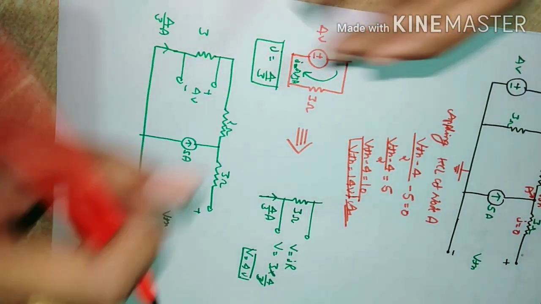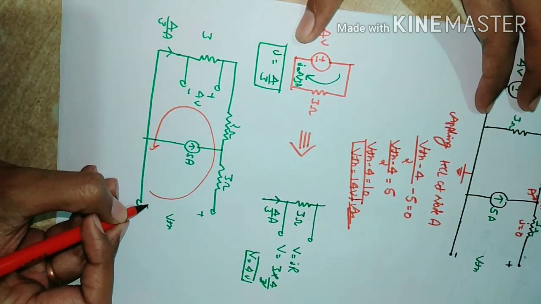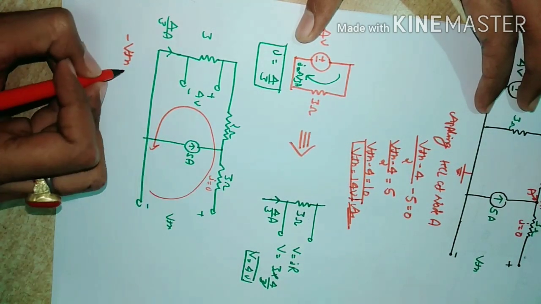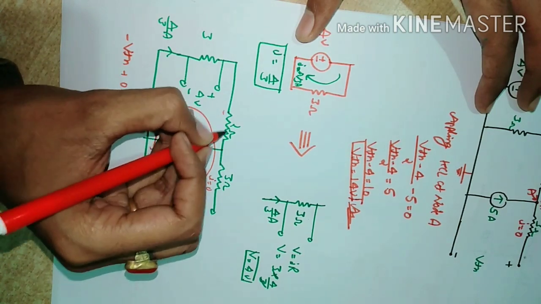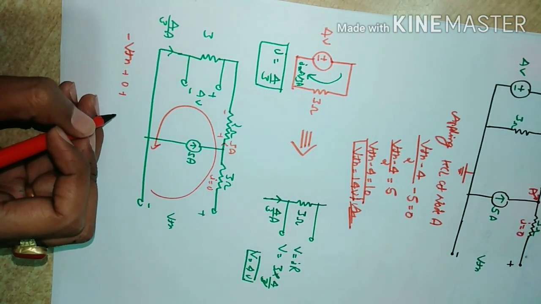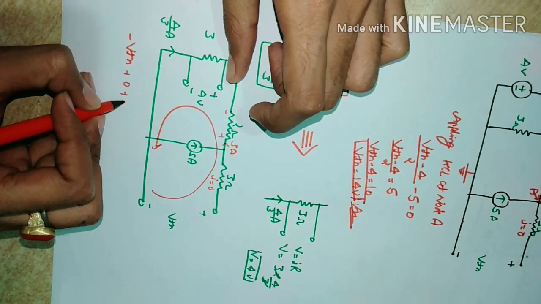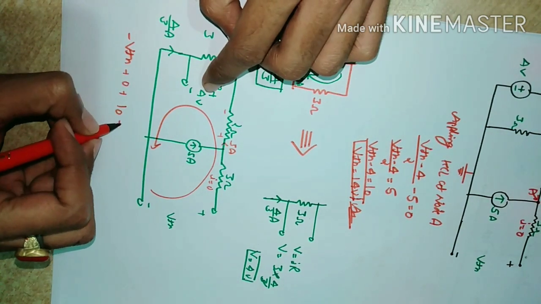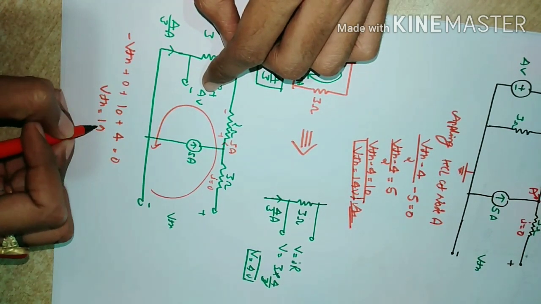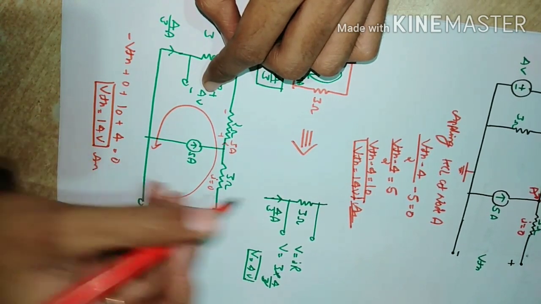Now apply KVL in this loop. We start from negative. VTH, no current flowing through the 3 ohm, so voltage across it is 0, plus minus 2, current flowing through 2 is 5 ampere, means 10 volt, plus 4 volt equals 0. We get VTH equal to 14 volt. This is the same answer.